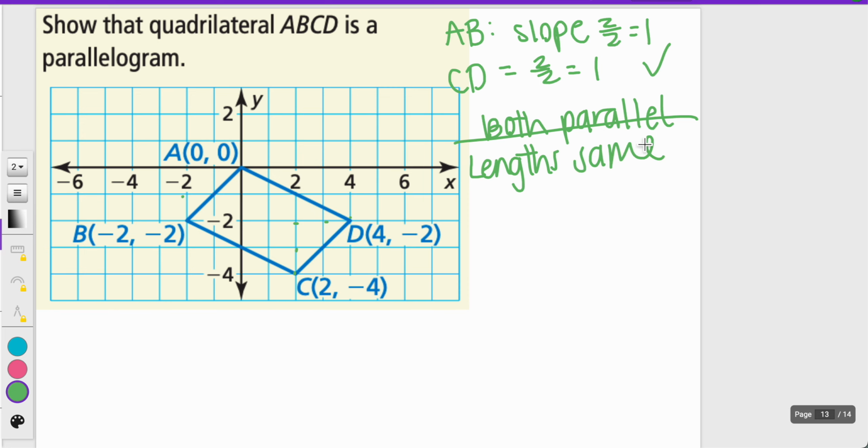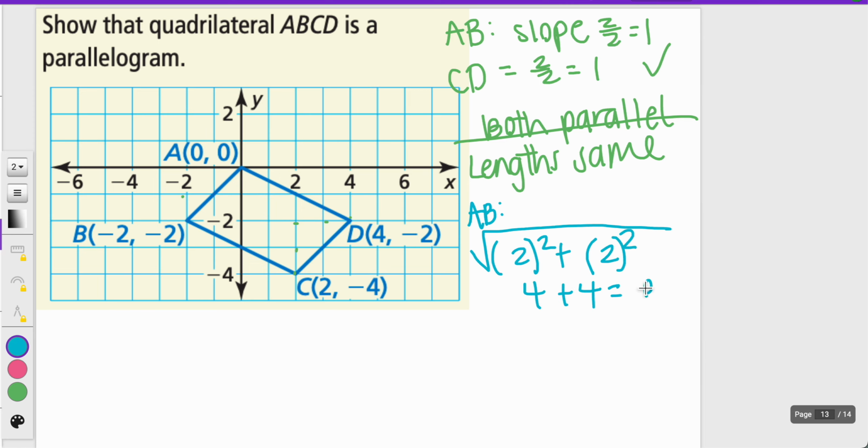Okay, so I would just use the distance formula for this one, starting with AB. So I would take my x2 minus x1, so I'm just going to do 0 minus negative 2, which is 2, and then my y2 minus y1, 0 minus negative 2, which is also 2. Squaring that, I got 4 plus 4, which is equal to 8, and the square root of 8.